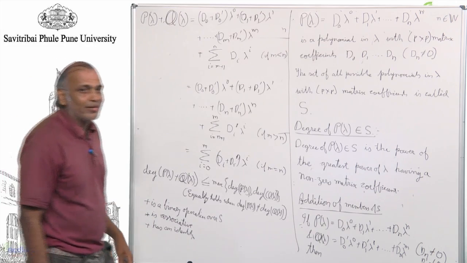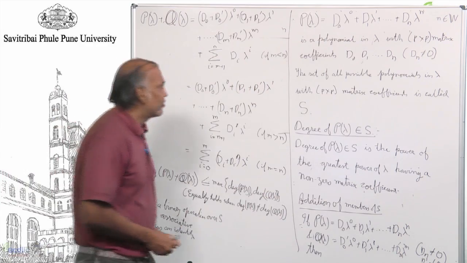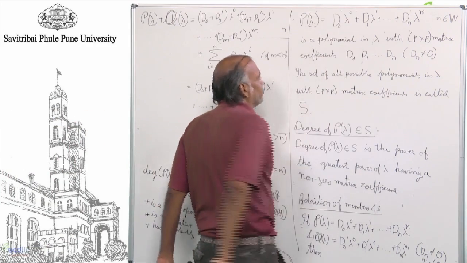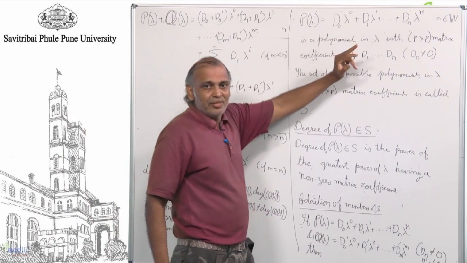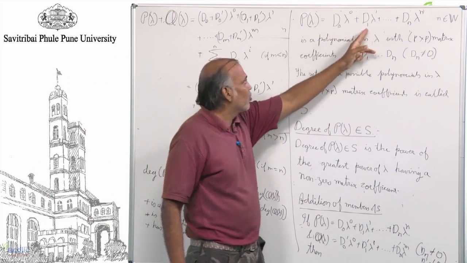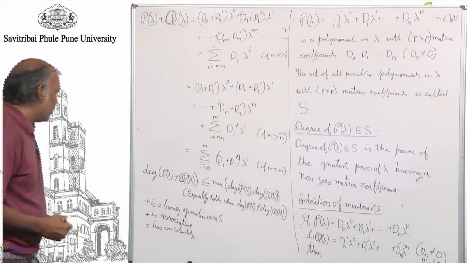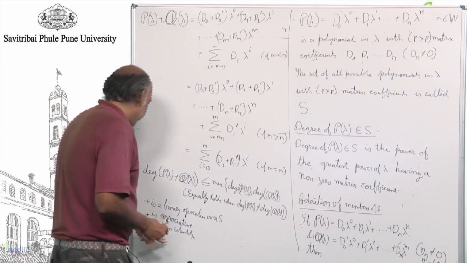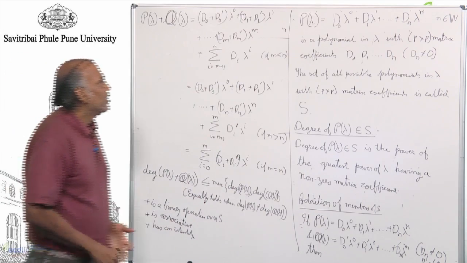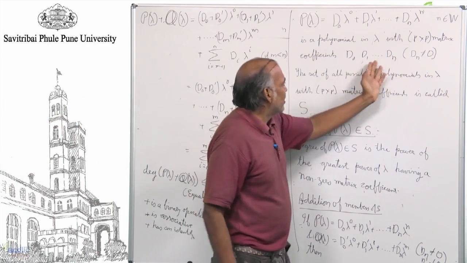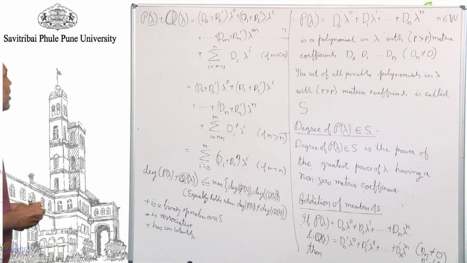That means the polynomial in lambda which has all zero coefficients, for lambda to the power 0 and all powers. It's basically the zero matrix, null matrix. So this has an identity. It's a member of S. I never said that. Okay, I should make a small change.